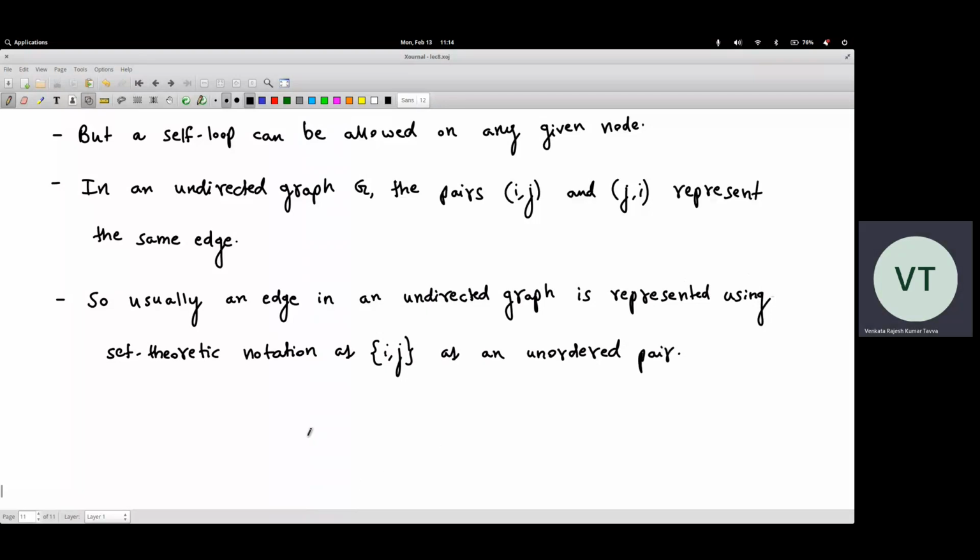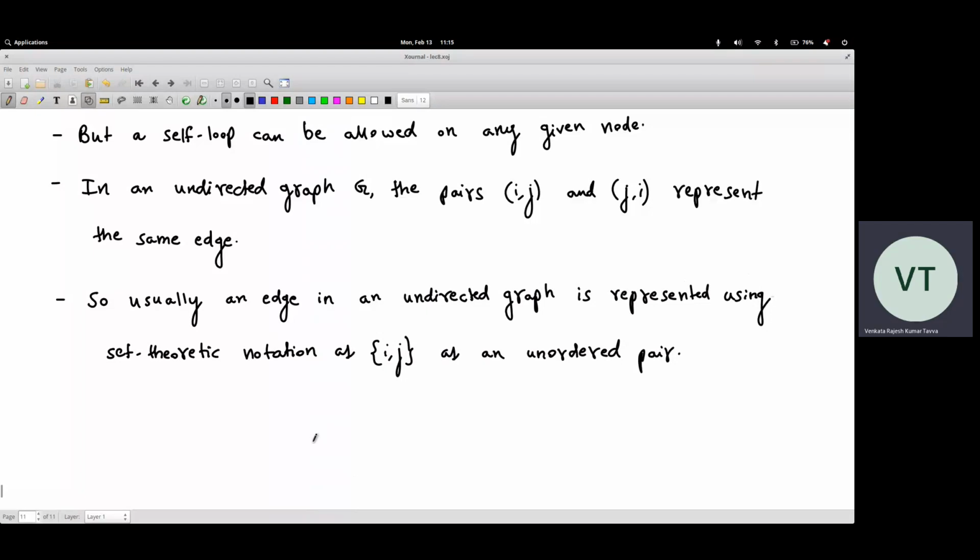You remember we discussed the difference between sequence and sets. In a sequence, order matters, whereas in a set, order does not matter. In a sequence, the number of times an element appears matters, whereas in a set, it does not matter. In this case, order is the differentiating factor. Since the order of ij and ji does not matter, you can represent edges in an undirected graph as a set. Okay? Anything is fine.